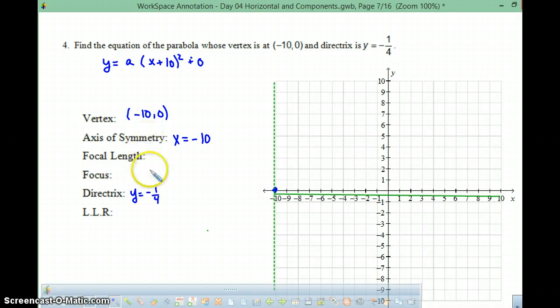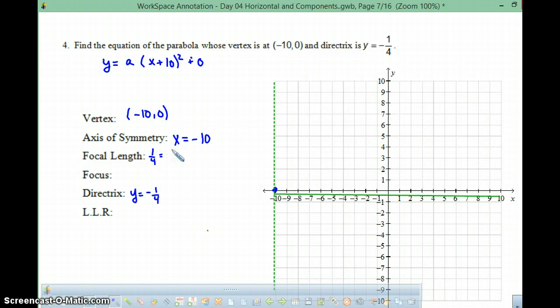Focal length. Well, we know the directrix is at y equals -1/4. So that means that since we started at 0 and we went down 1/4, which is just the right direction for a directrix, the focal length must be 1/4. Okay.